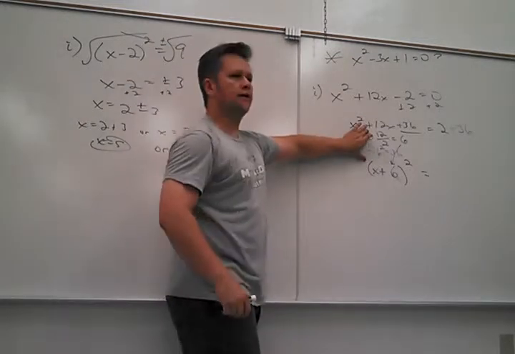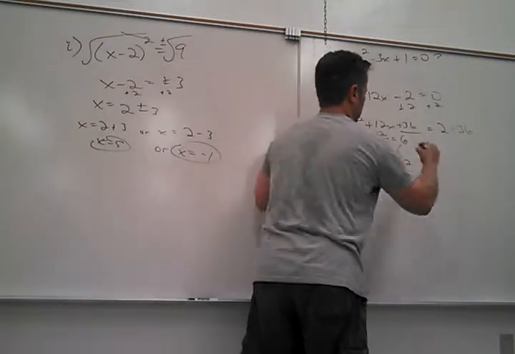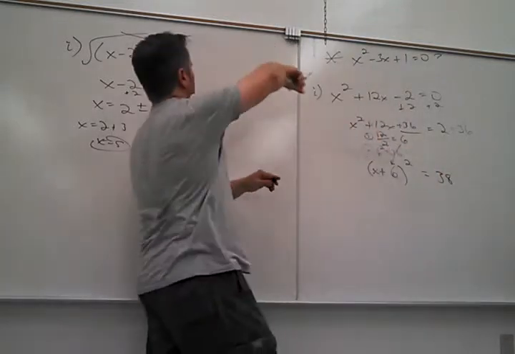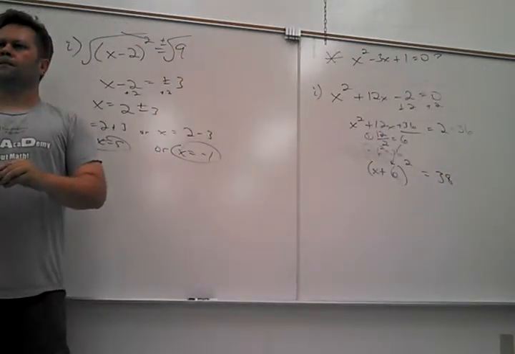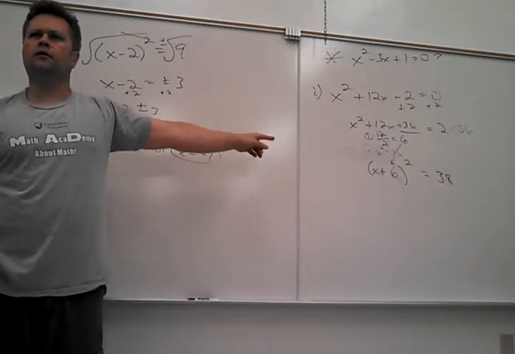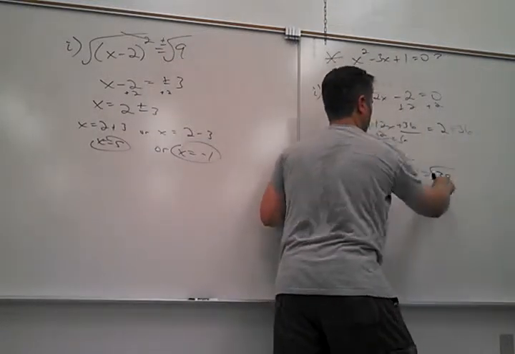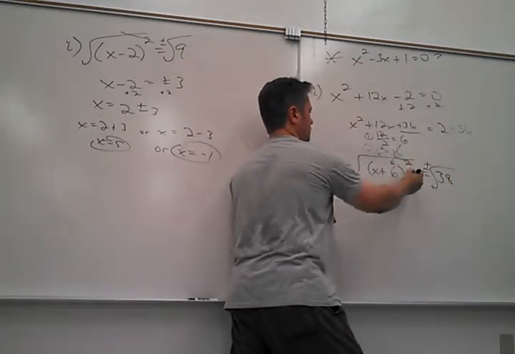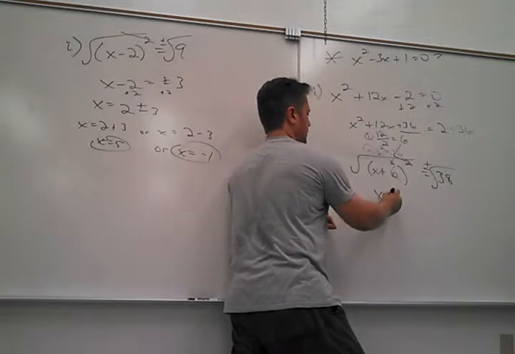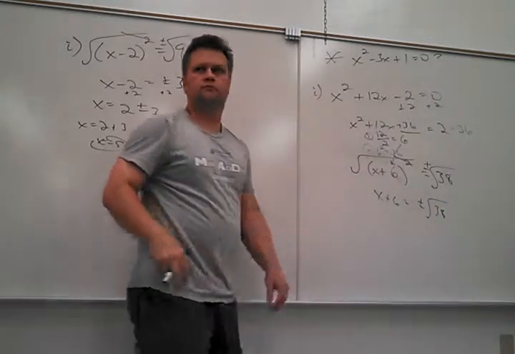So now this process has rewritten this problem like this. And now I can do like we just did a minute ago, right? Which is specifically what? What can I do next here? Square root it. Plus or minus. So we get x plus 6 equals plus or minus, and I can't do a thing with 38.